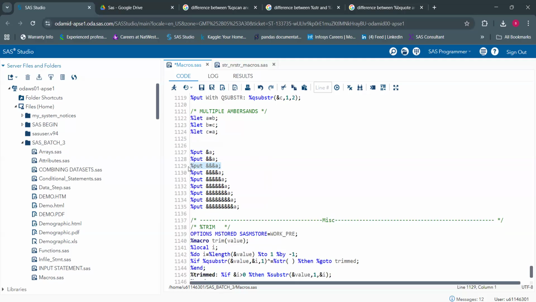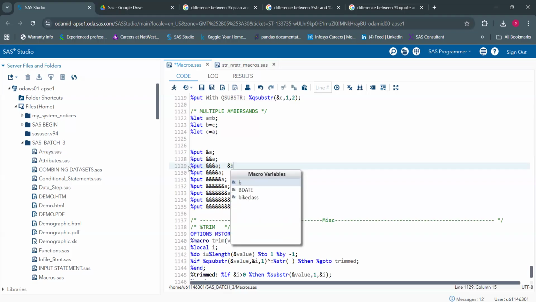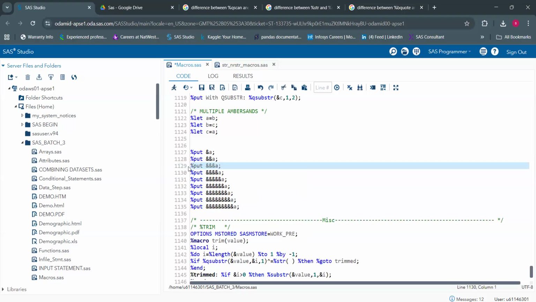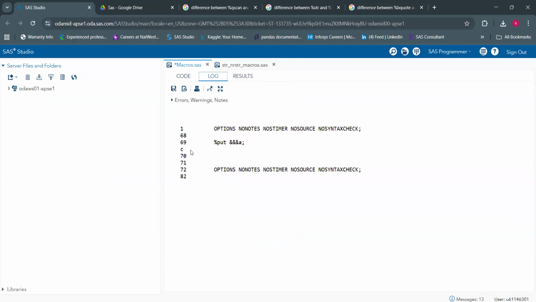It is C. What happens here is it treats the first two ampersands as one ampersand, and the ampersand of A is B, and then again the ampersand of B equals C. Yes, it's C.